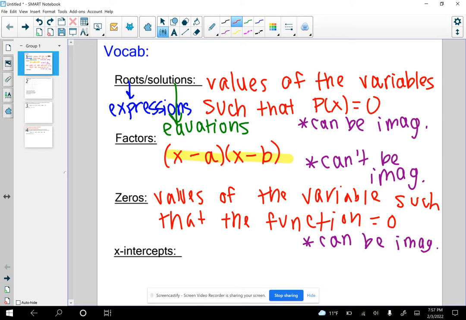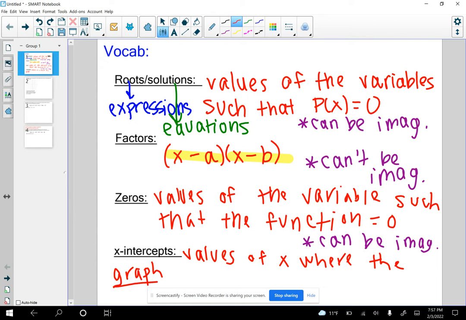Awesome. Okay, and then x-intercepts, those are the ones we can visually see. So values of x where the graph crosses or touches the x-axis. Remember, it doesn't always have to cross in order to be considered an x-intercept. It could just touch it, like those repeated solutions ones.